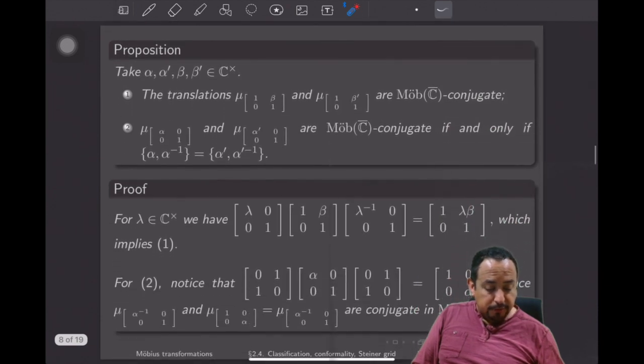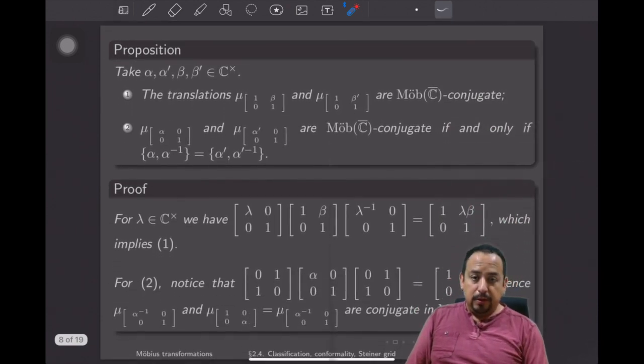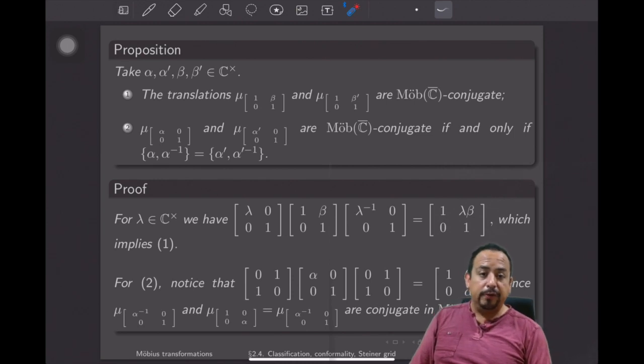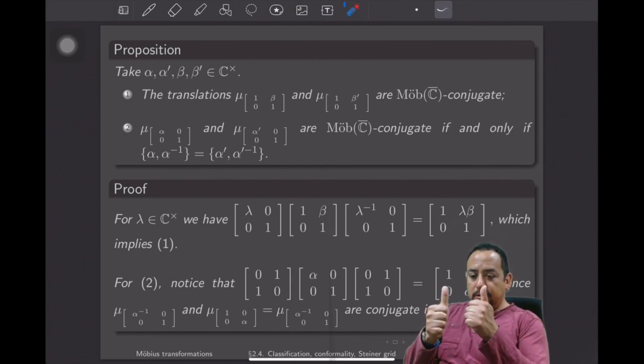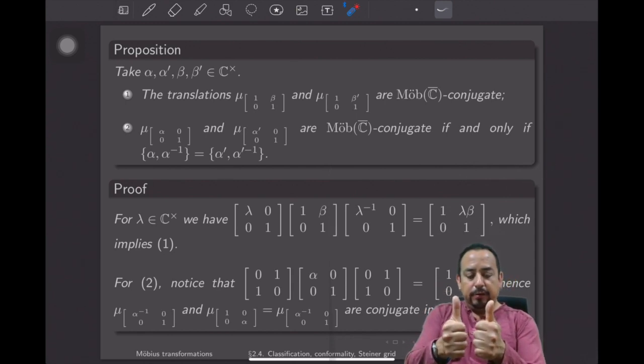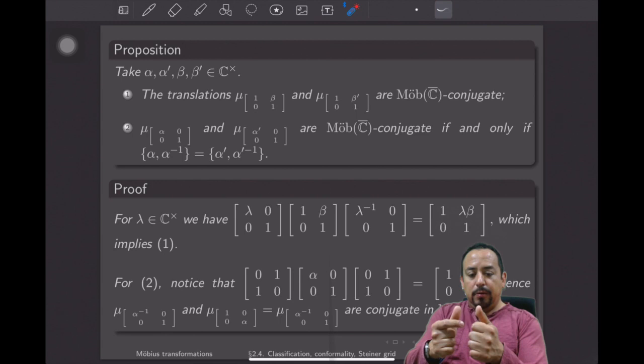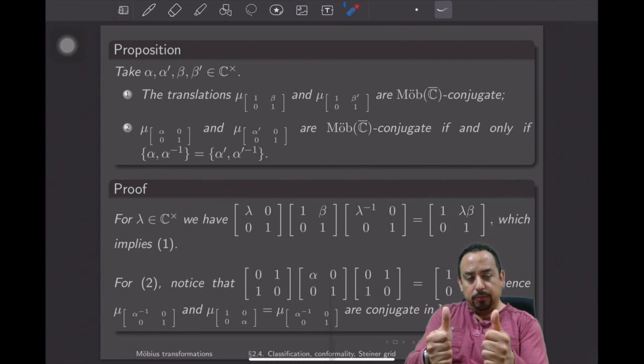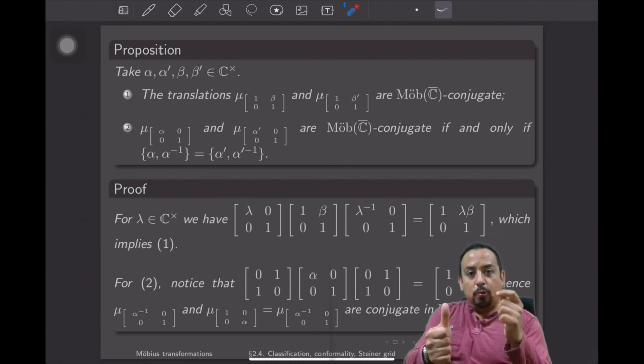And the classification is really this one. Translations are always conjugate. And if you give me 2 non-zero scalars different from 1, let's say alpha and alpha prime, multiplication by alpha and multiplication by alpha prime are conjugate in the Möbius group if and only if one is the other or its inverse.